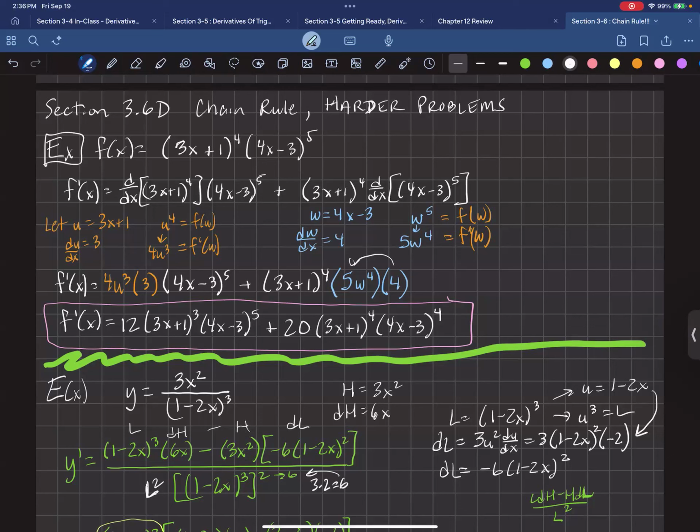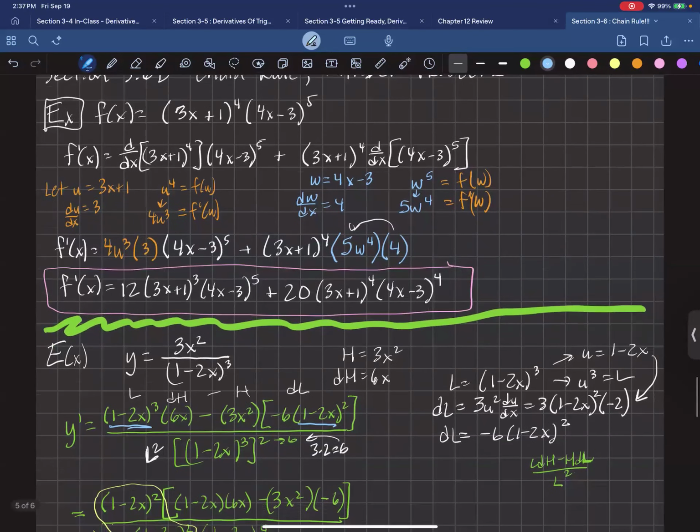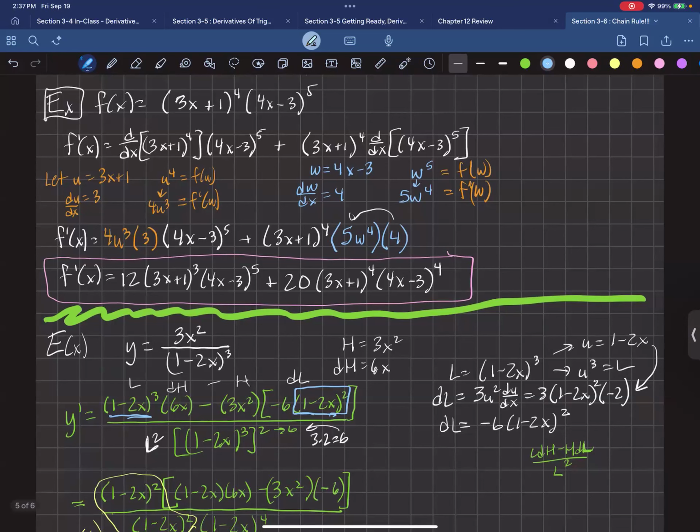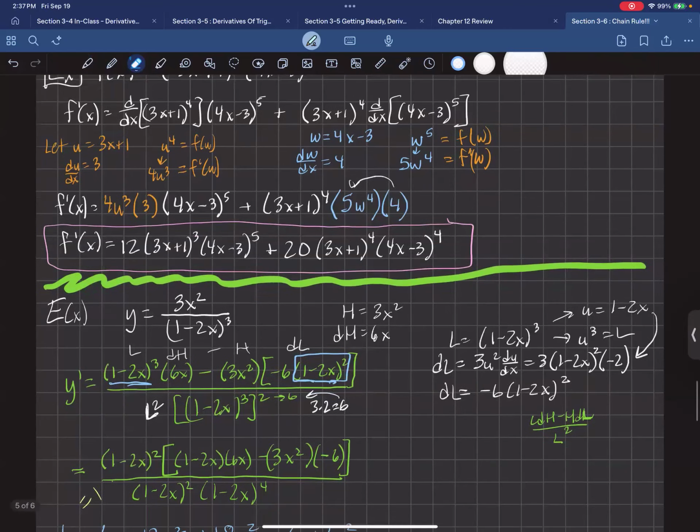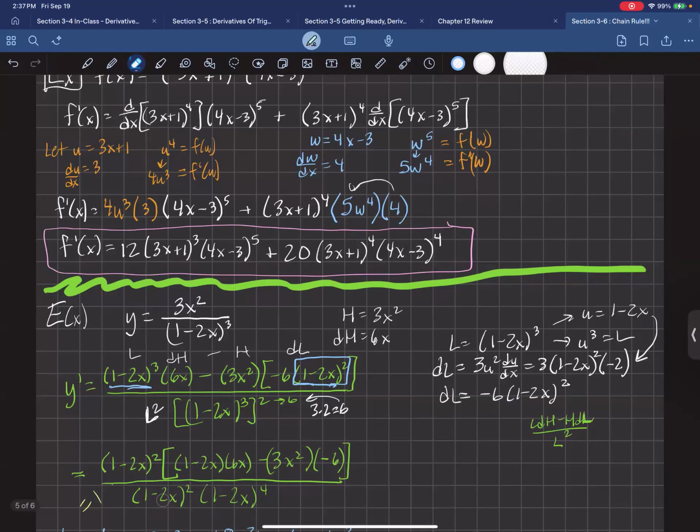And what I did on the next step, there is 1 - 2x all over the place. There's 1 - 2x with that set, there's 1 - 2x with this set, and there's 1 - 2x on bottom. It looks like this is the one that has the lowest exponent. So what I did is I factored that out. I factored out (1 - 2x) to the second power, and I factored it out on top and bottom.